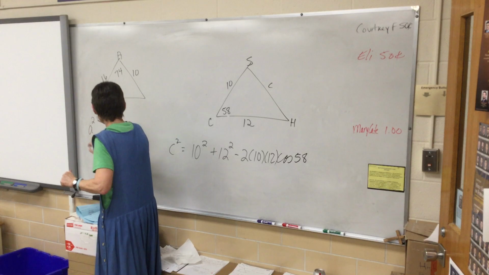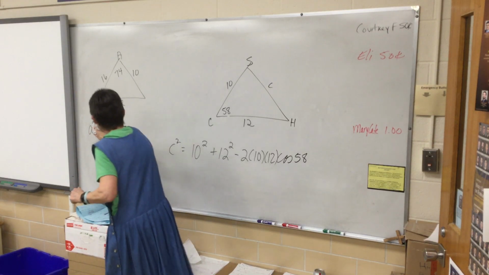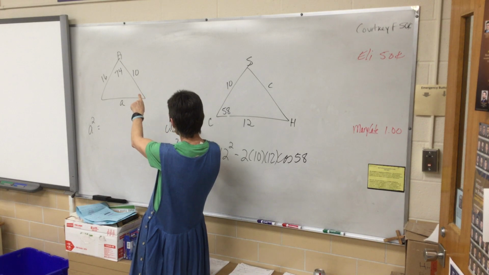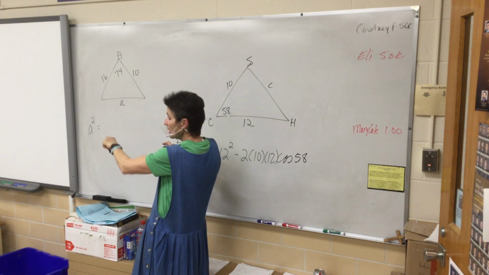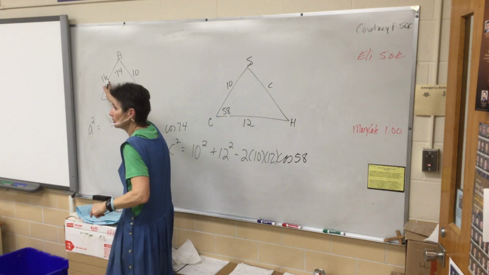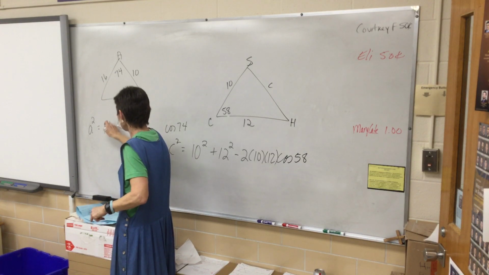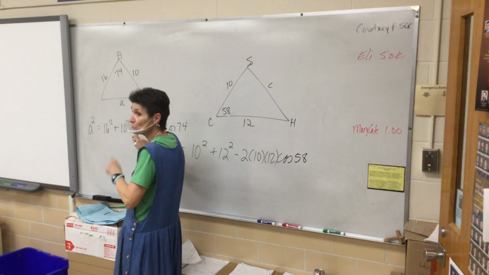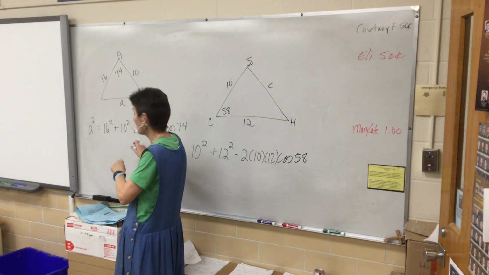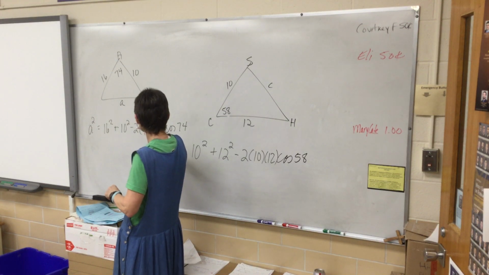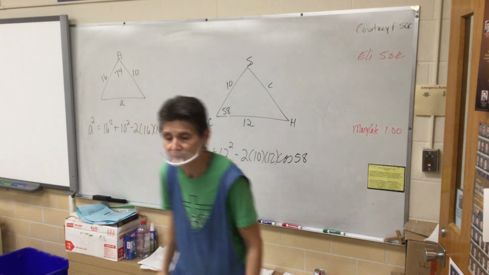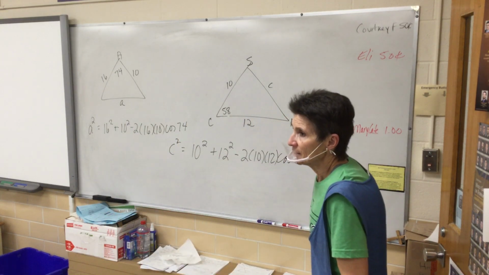I'd have A squared here, and out here at the very end would be cosine 74. And then everything in the middle would be 16 squared plus 10 squared minus 2. That's part of the formula. That's always there. Minus 2 times 16 times 10 times cosine 74. That's how it works. It's that easy.